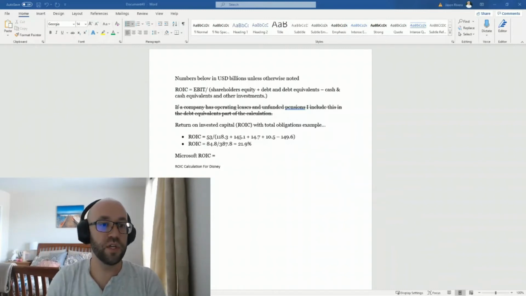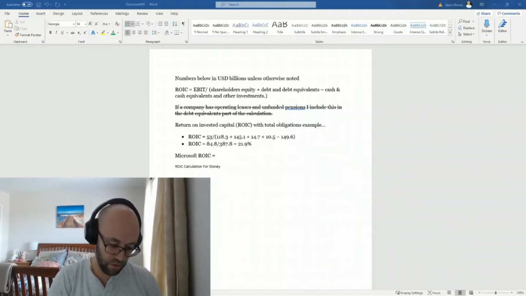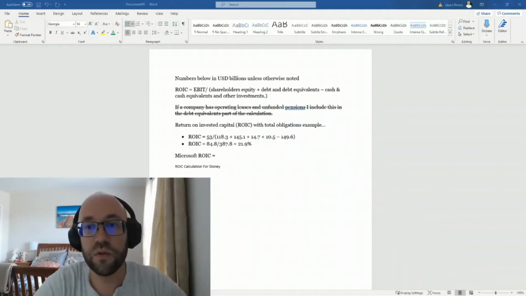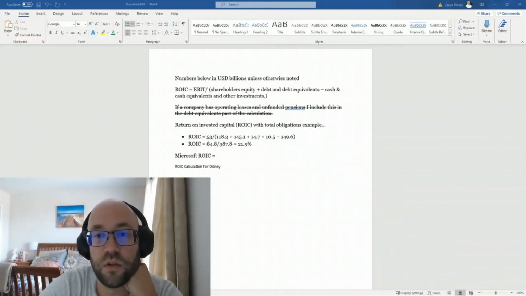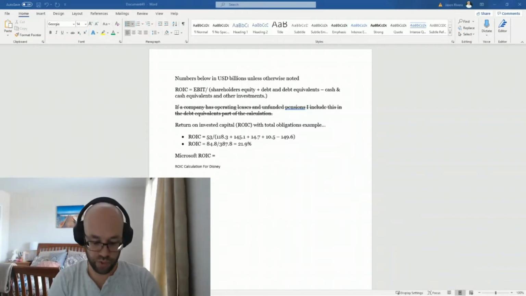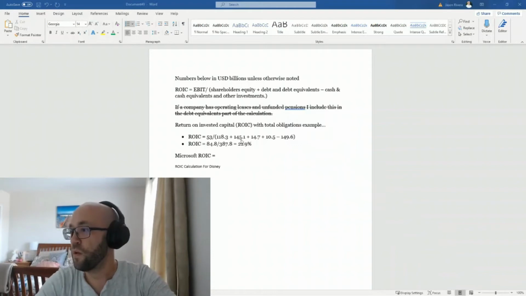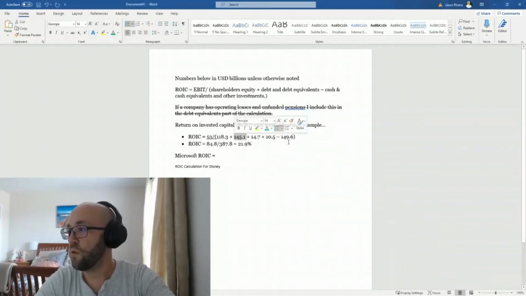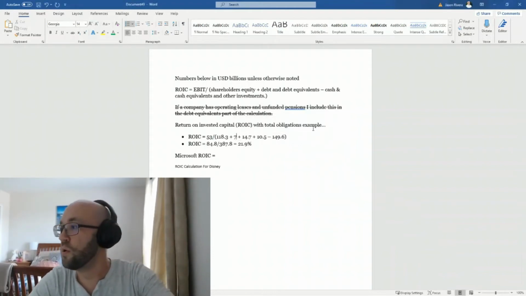Current debt and capital leases, they have 3.75 billion. And long-term debt and capital lease obligations, they have 67.25. So that's 71 billion.